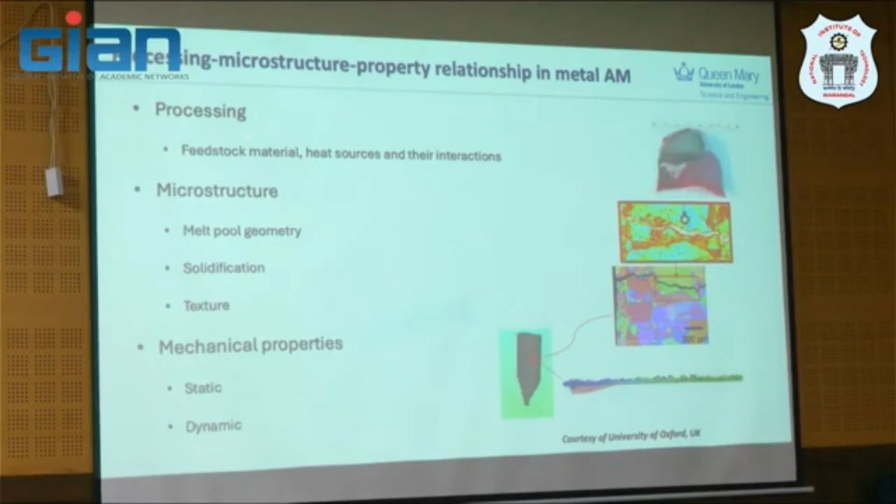From the material, feedstock, heat source, and interaction, we need to do something about it. And then microstructure, to understand the melt pool dimension and geometry, solidification characteristics, and then subsequent microstructure information like texture and grain size, and then mechanical property, both static and dynamic. Static is strength, dynamic is creep or fatigue, for example.